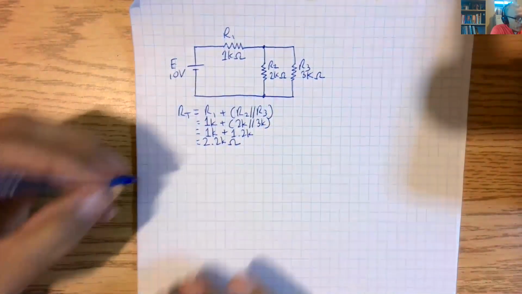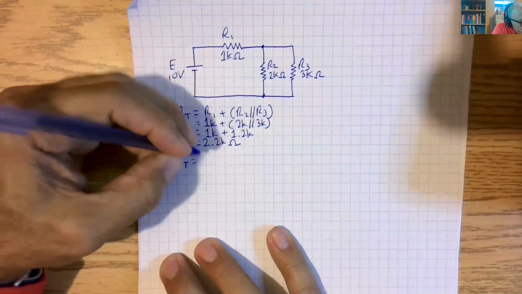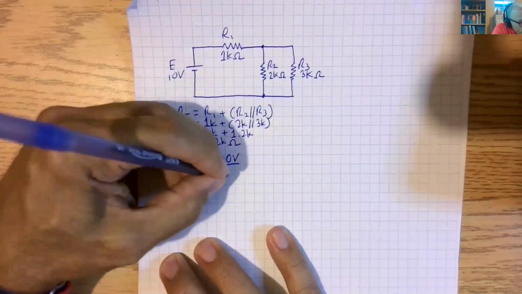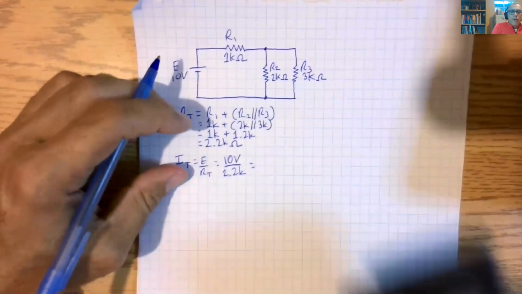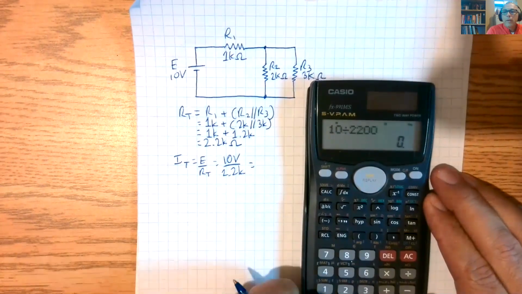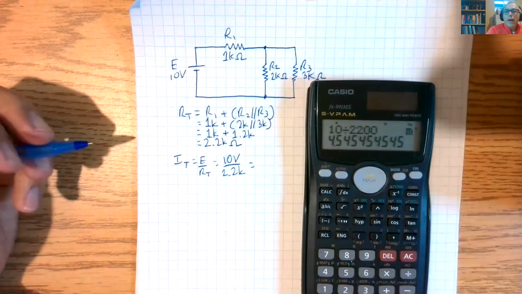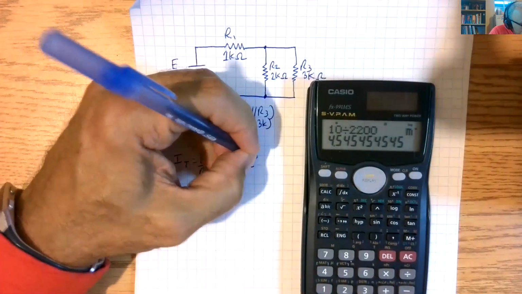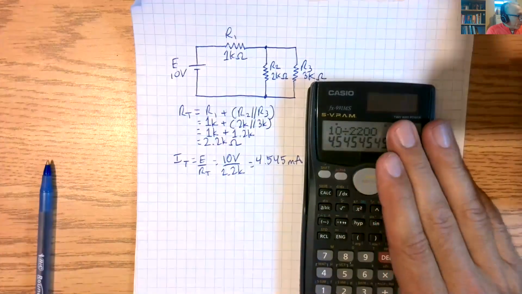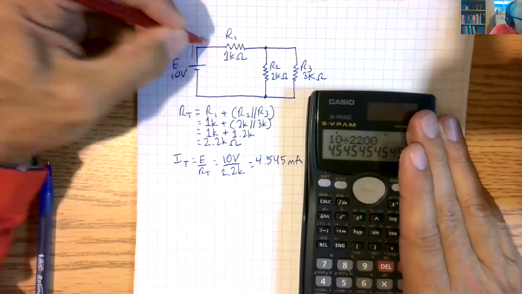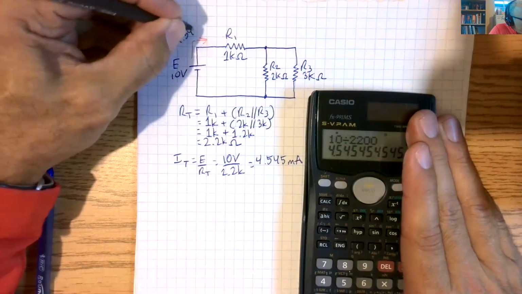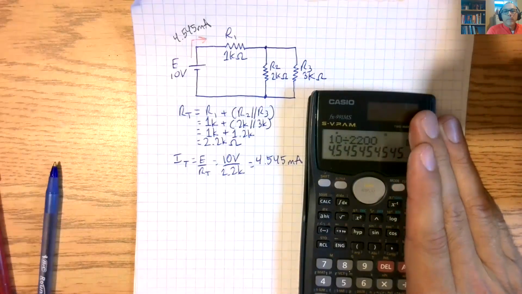All right. So now IT is equal to E over RT equal to 10 volts over 2.2K. All right. And what do we get there? 10 divided by 2200, 2.2K. So I get 4.545 milliamps. So let's start drawing our story in. IT is 4.545 milliamps.